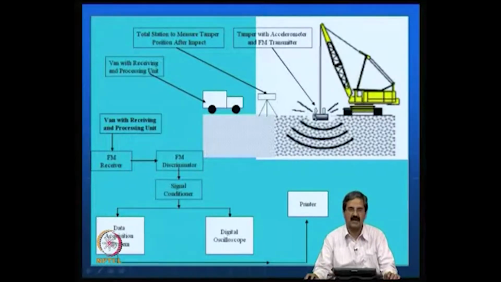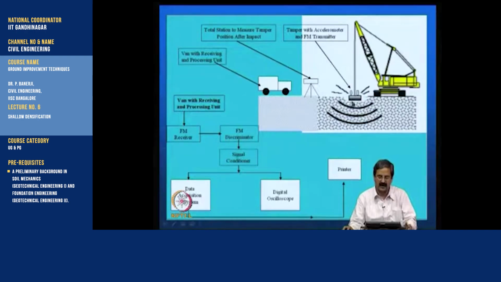You have a chart telling what is the initial health of this location, say for example 10 meters, in terms of the SPT values, cone penetration values, water content, all that, and what is the health of the particular soil up to a depth, say for example 10 meters, after dynamic compaction, and these will give the signature of the ground. The signature of the ground you are able to capture very well with instrumentation, that is very important.